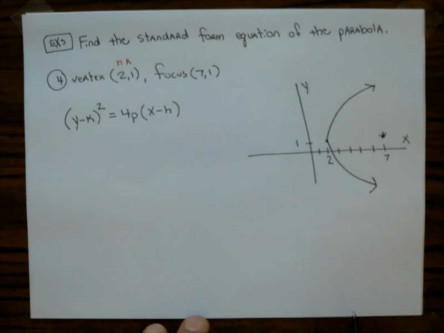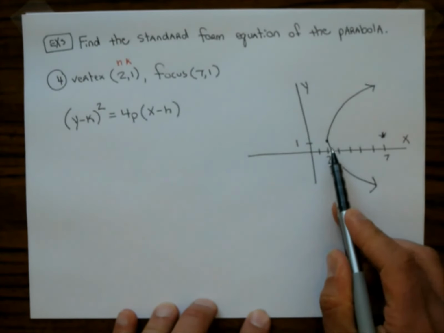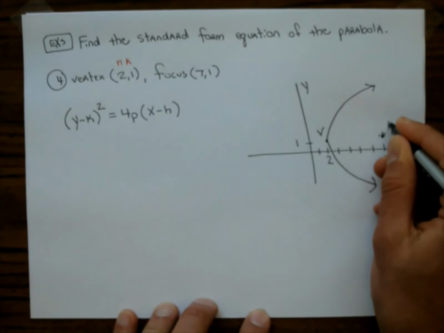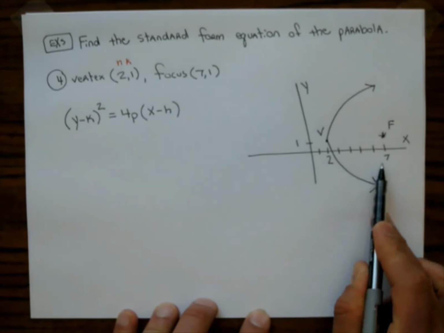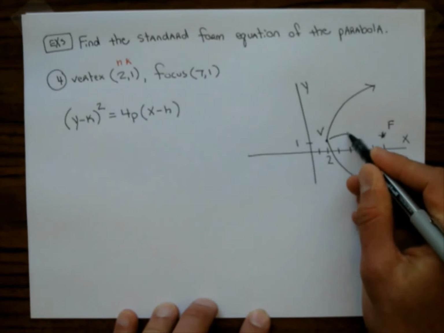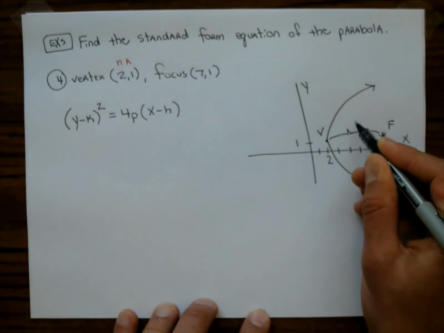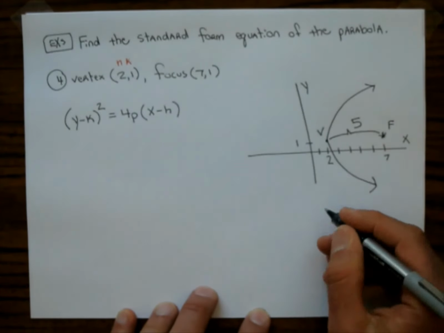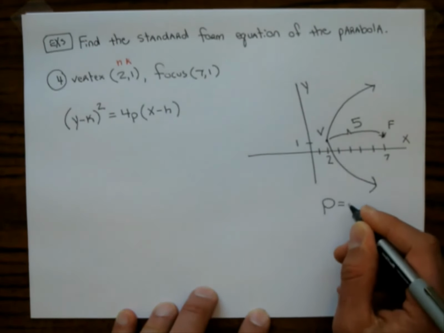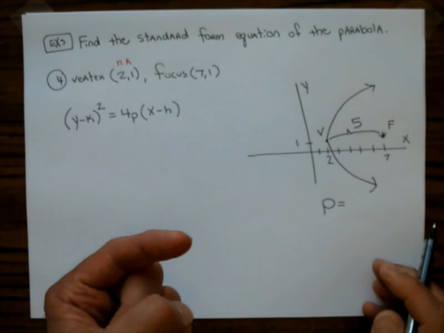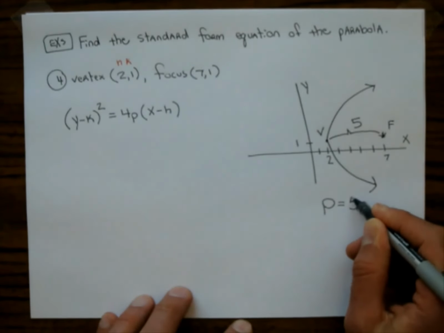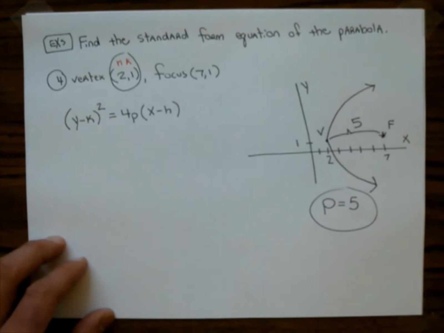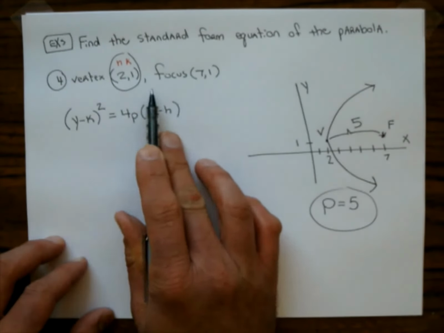Now we also know something else from the picture, that the distance from the vertex to the focus is 5. So we know the value of p. P is going to be a directed distance and it's going 5 to the right, so it's going to be positive 5. And we got that because we knew where the focus was.